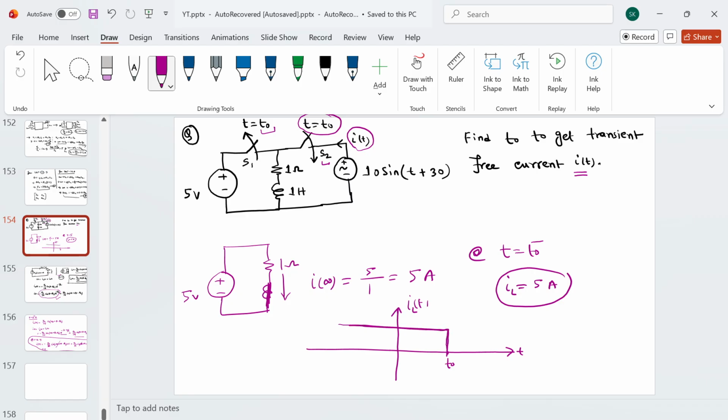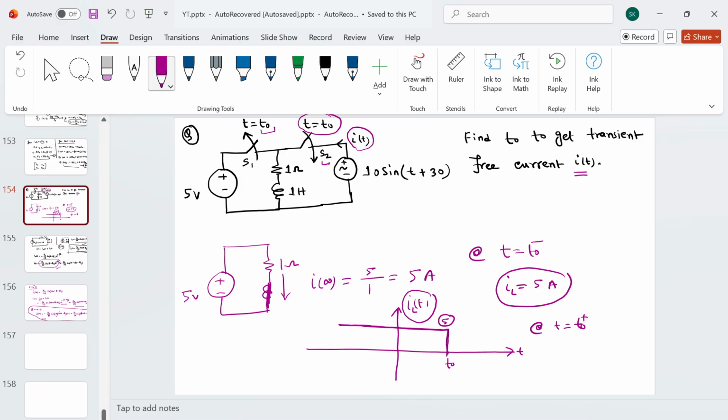I should perform the switching action such that my inductor current at t equal to t naught plus also starts from this 5 ampere only. Then only I can say there is no transient.